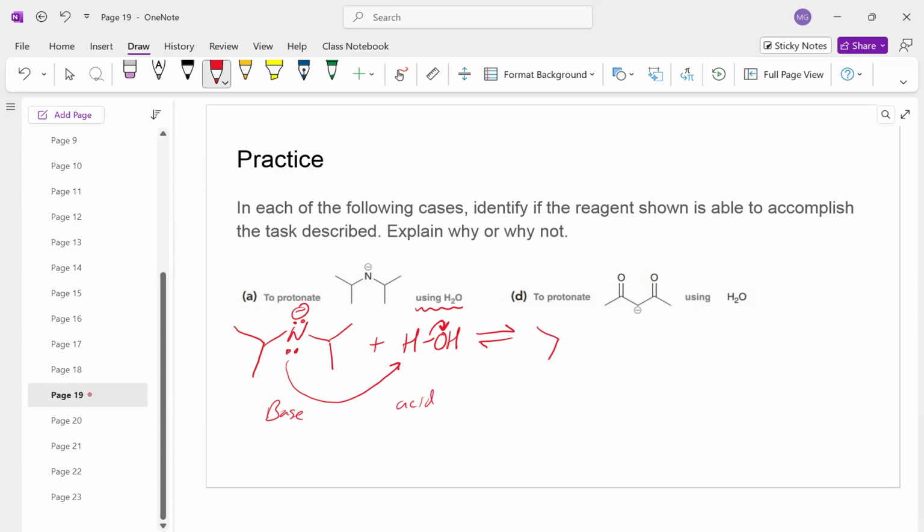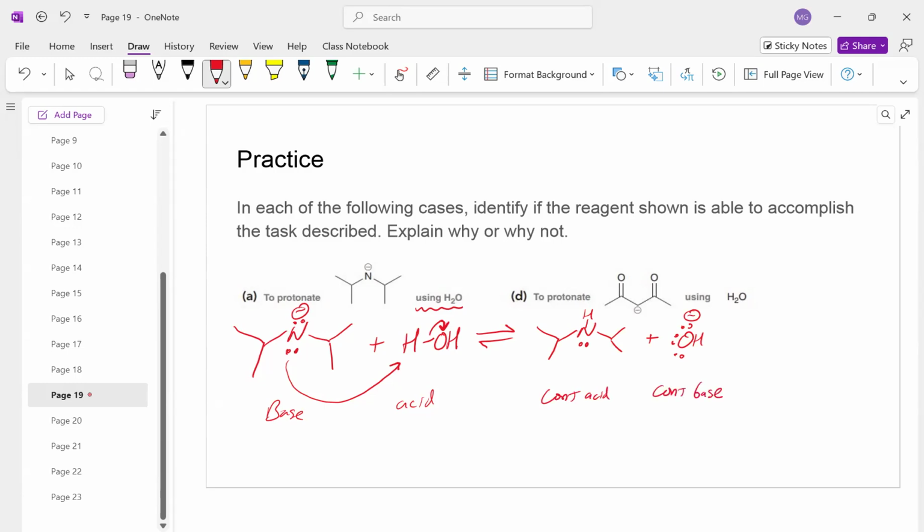Now that nitrogen is protonated and no longer has a negative charge, and then we have hydroxide over here. Now this is our conjugate acid, and this is our conjugate base.